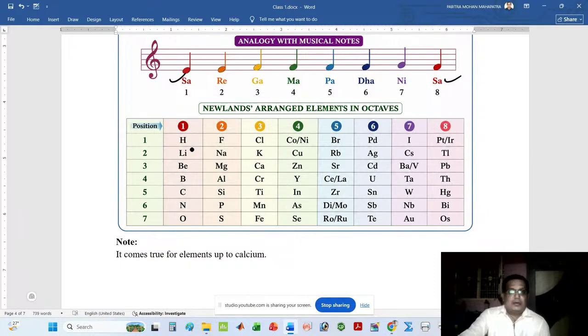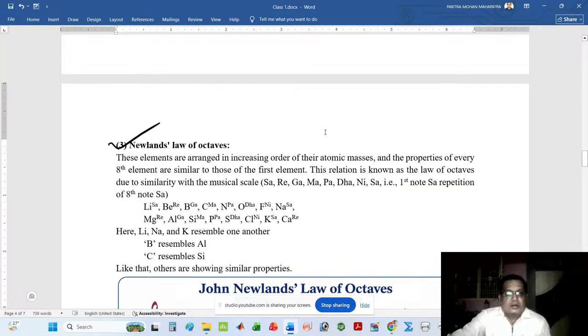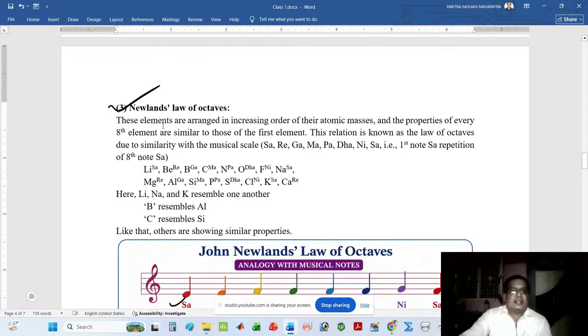When you think about the elements, the property changes like the musical notes. So this is said to be Newlands' law of octaves. Here a principle is given: the elements are arranged in the increasing order of their atomic masses.